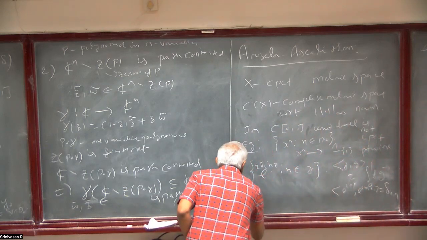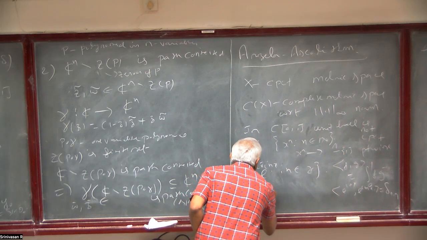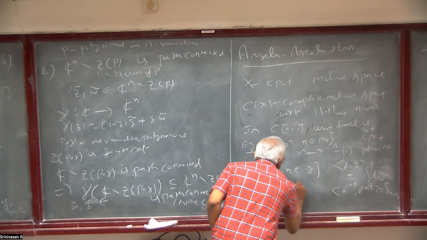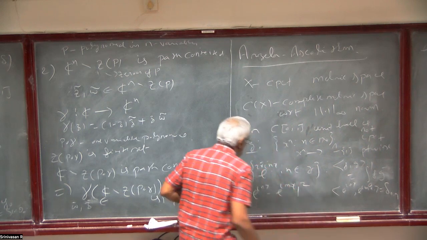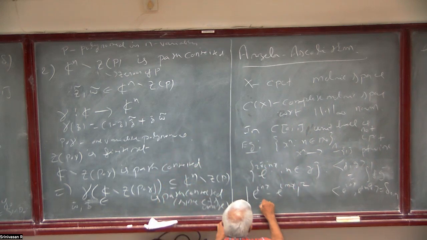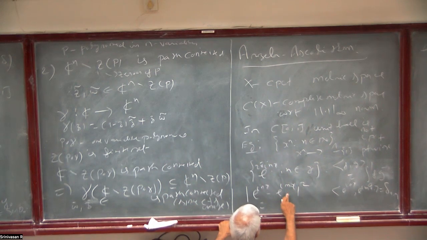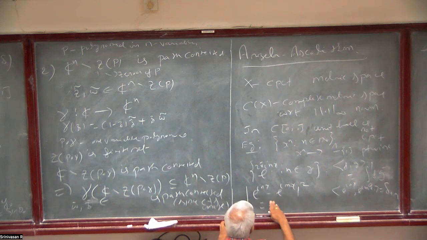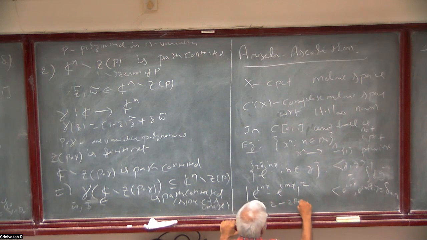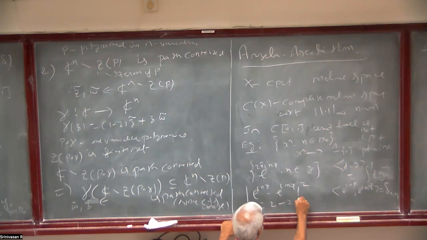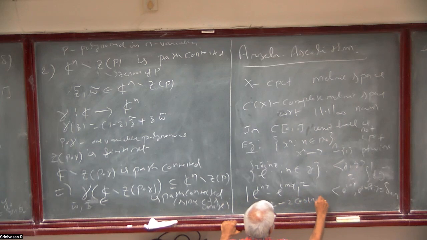You can compute e power inx minus e power imx. You can compute this square. What is this? This is going to be 1, this square plus this square. I mean, you write it as this times this conjugate, which will be 1 plus 1, 2, minus 2 into the real part of e power inx times e power minus imx, which is just the cos of (n minus m)x.